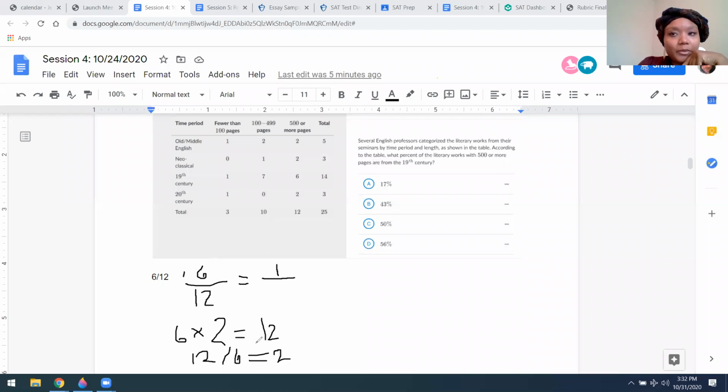So what's in the denominator, which is at the bottom? Be half of 1. Well, what's 12 divided by 6? 2. Yeah.